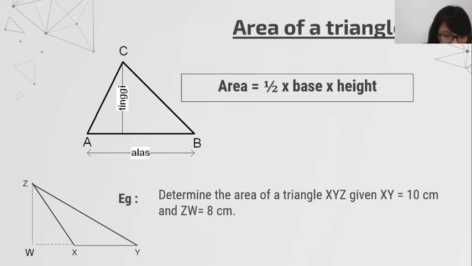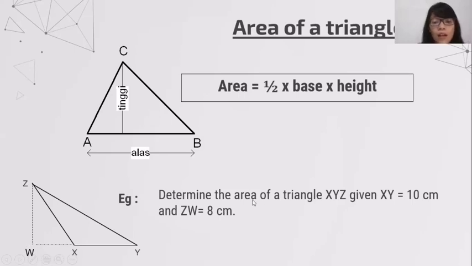Kita hanya perlu menemukan suatu sisi atau garis atau apapun yang tegak lurus dengan XY. If we give an extension line, it's obvious that ZW is perpendicular to the extension line of XY. So here we have XY as the base, and then we can directly take ZW as the height.